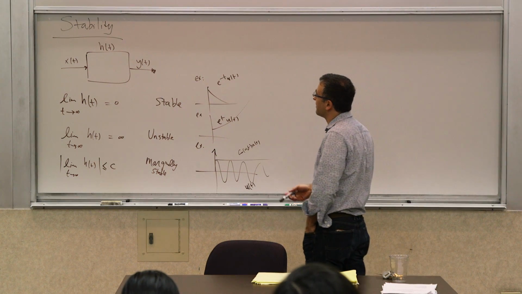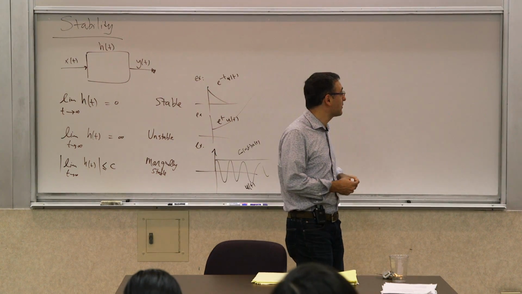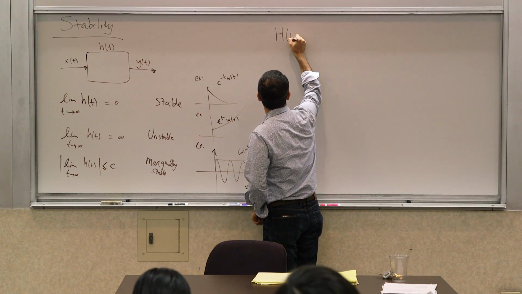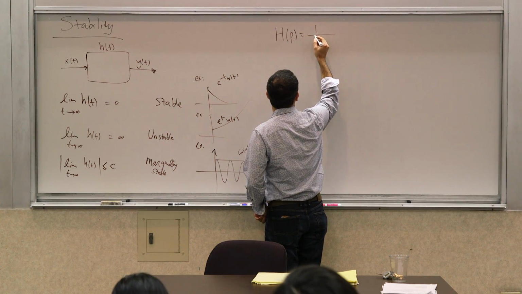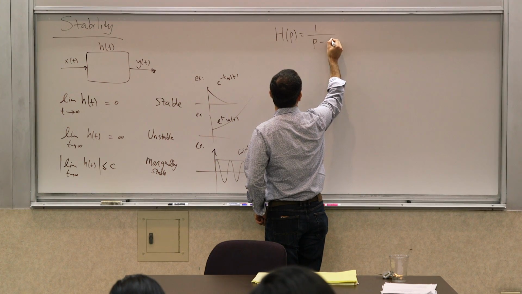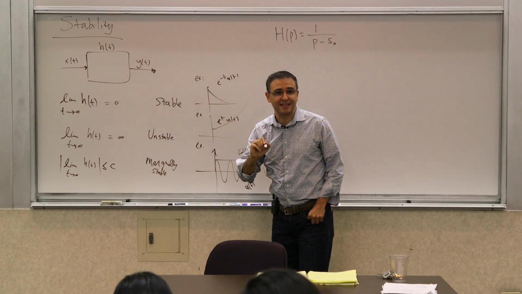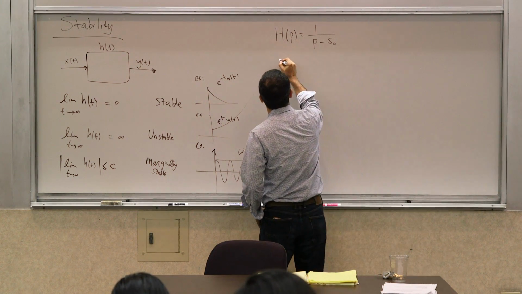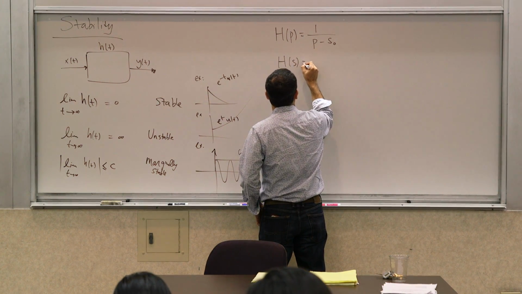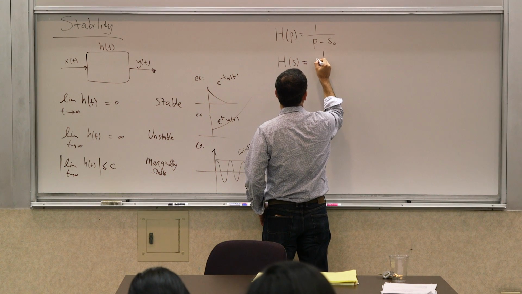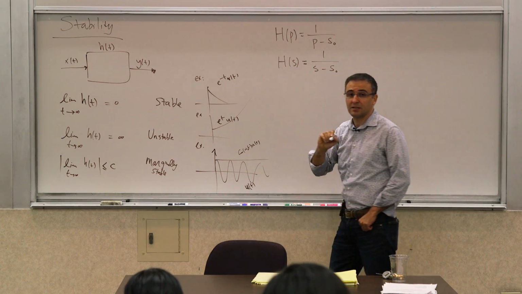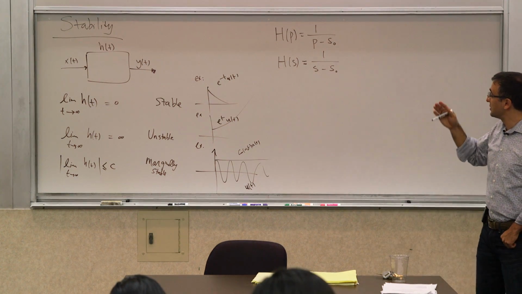That's a definition that kind of makes sense. But let's relate it to the things that we know. So let's say you're dealing with a system that has a system operator of the form 1 over p minus s naught. So it has a single pole, if you will. And if you look at that, obviously you have a system function, 1 over s minus s naught, which we determined last time, right?